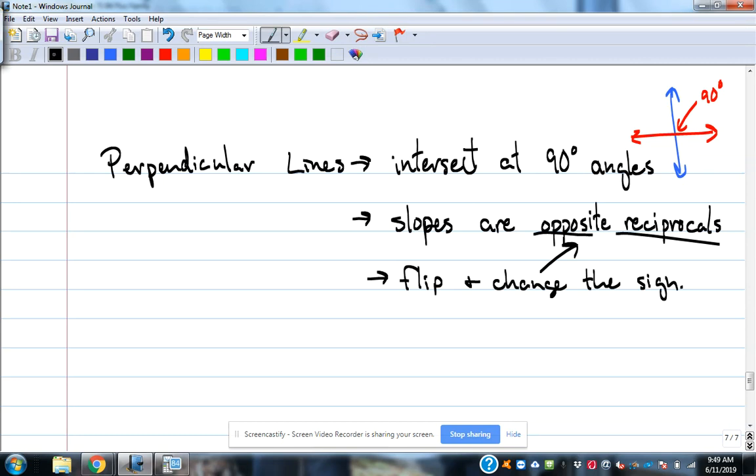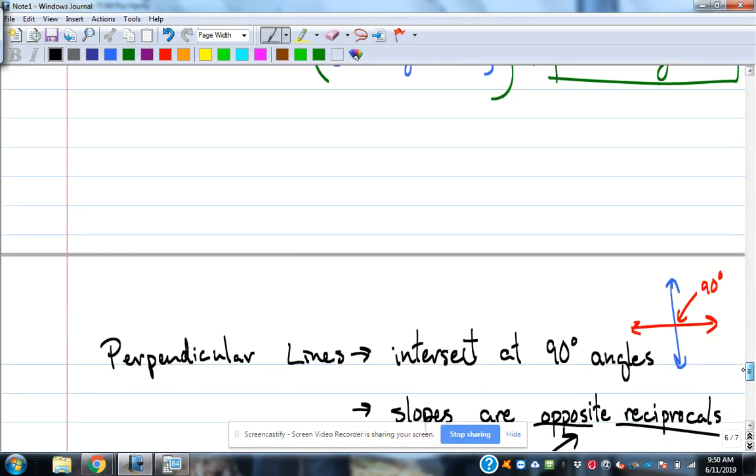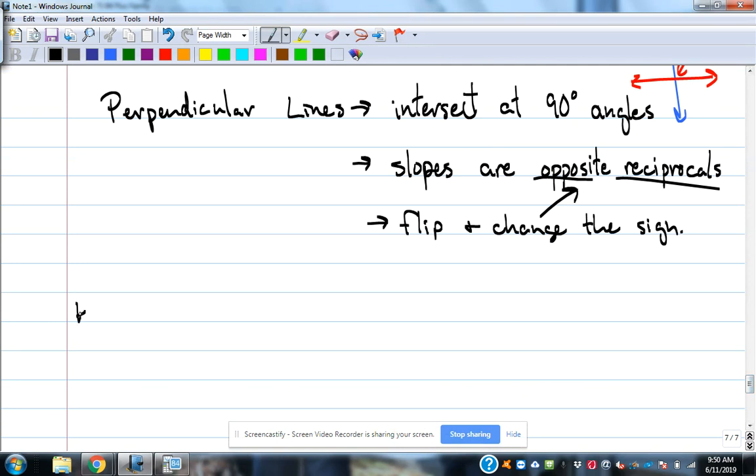Okay? Perpendicular lines. They're going to say the word perpendicular when they ask you to do this. They're going to say, write the equation of a line that's perpendicular to this one through this point. So let's do an example of that. Example K here.